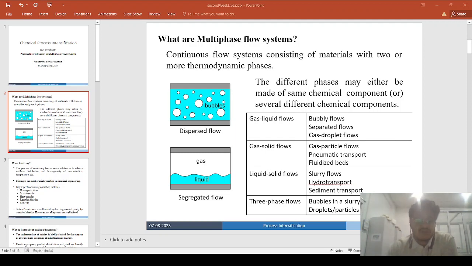Now, why intensification from macro to micro reactor? When you compare the microreactor with the conventional system, the general differences can be listed. The flow in microstructure is predominantly laminar. You know that the Reynolds number is defined by rho V d by mu, where rho is the density, V is the velocity, and d is the characteristic diameter, divided by the dynamic viscosity mu.